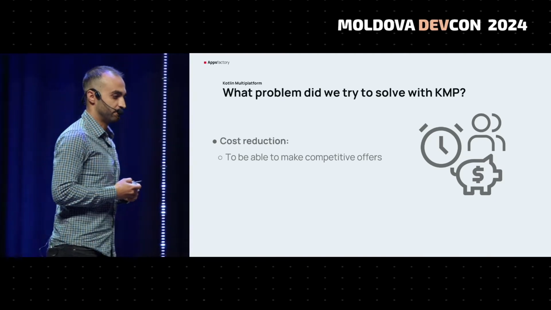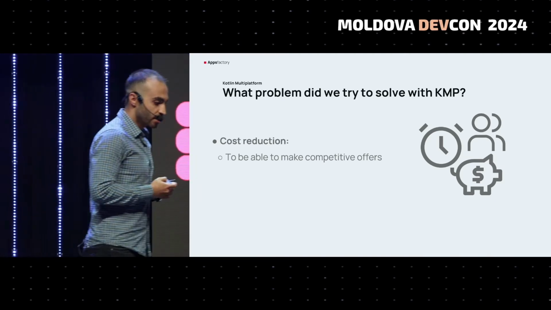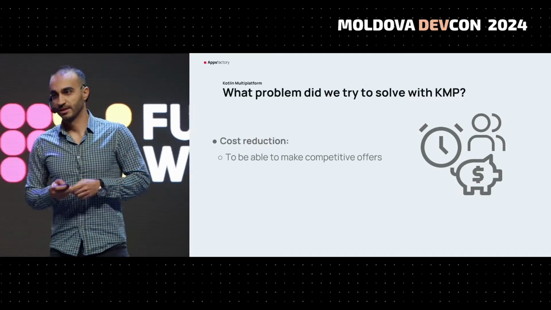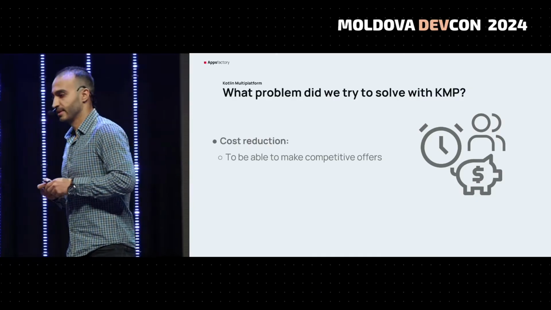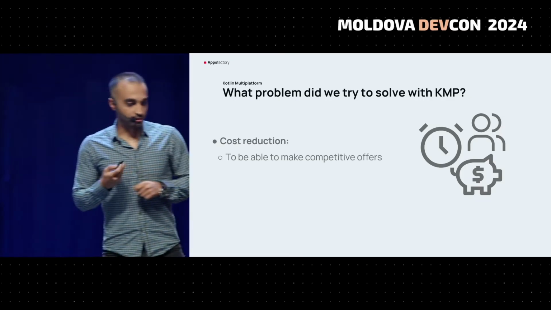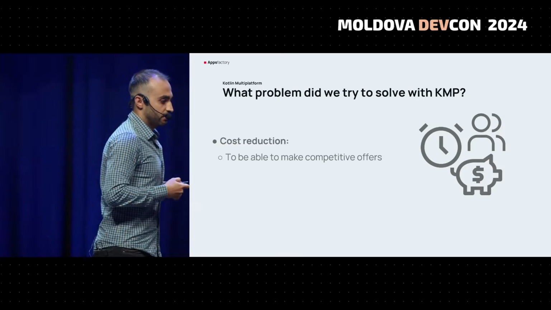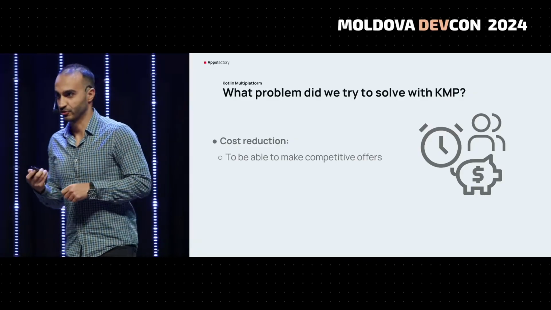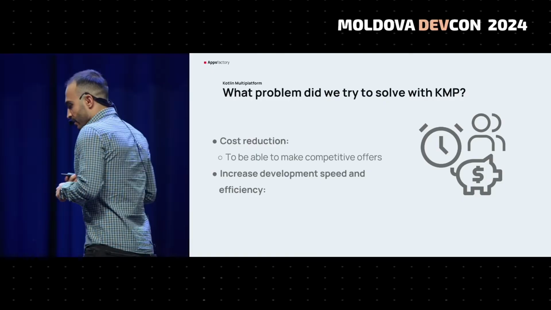And there are also other companies that are giving offers to these clients as well, and you need to be competitive. With KMP or cross-platform, with these technologies, you're sharing your code base and it gives you an advantage.